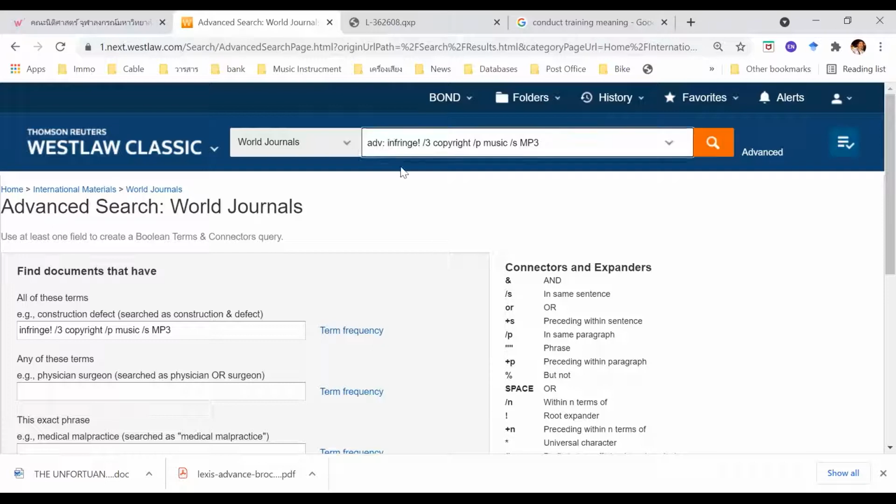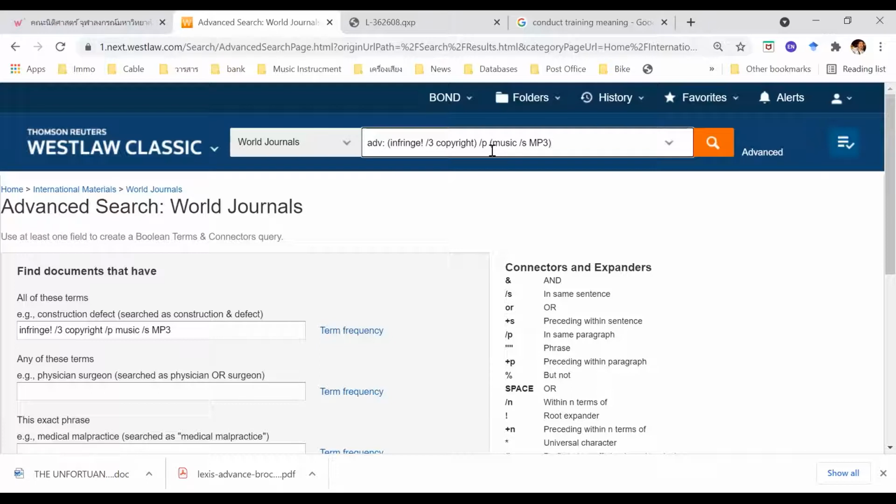So I make a group, just type it. Start searching with this first, followed by this, and combine with /p. The same as the mathematics rule.